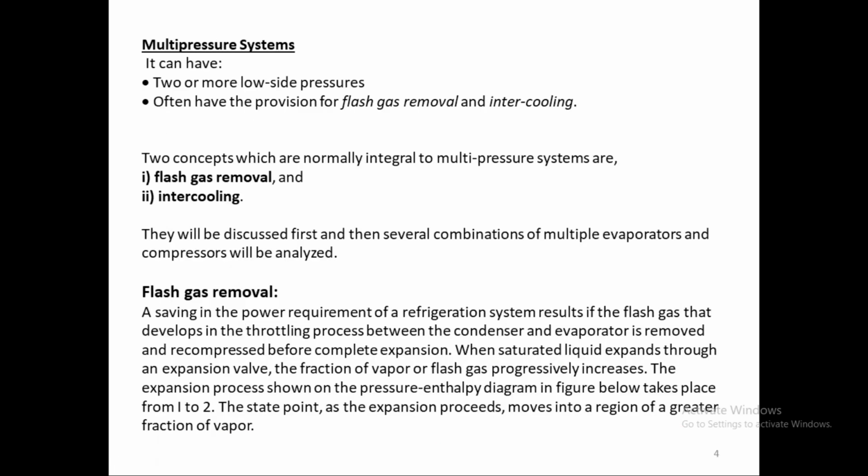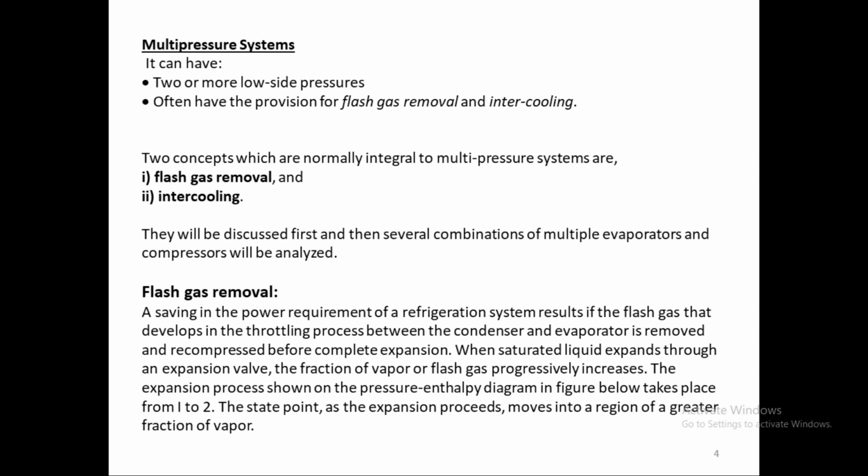And intercooling, so now as the pressure has been increased between the evaporator and the condenser, we are going from a very, very low pressure to a very high pressure. So when we compress a vapor, or when we compress the gas, its temperature rises, and as the temperature rises, the amount of energy required to compress the gas becomes higher and higher.